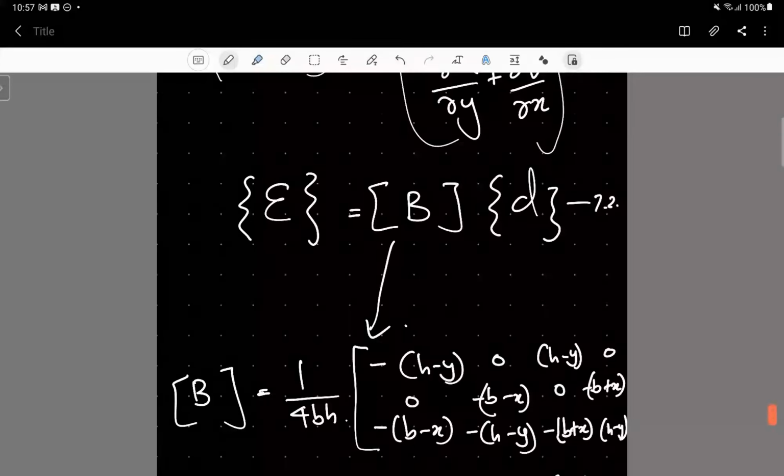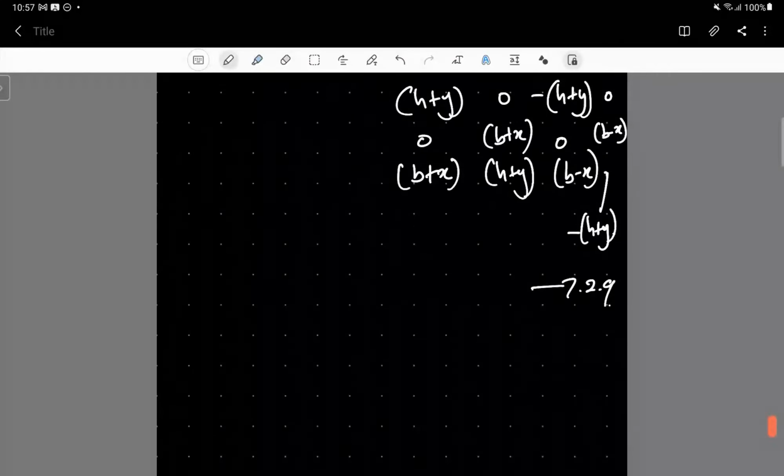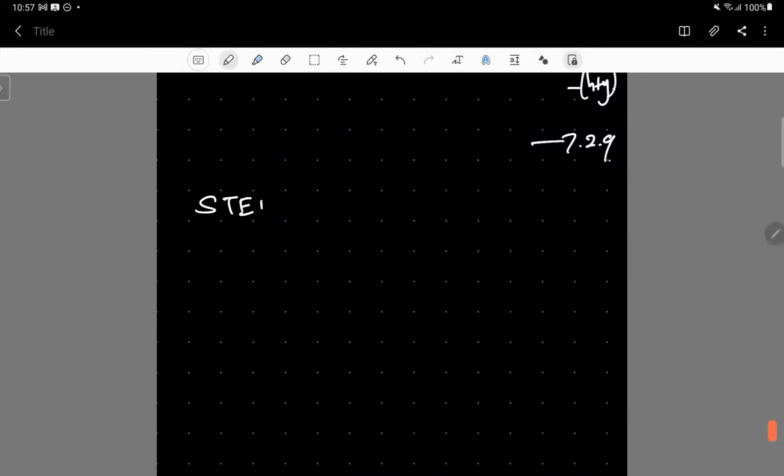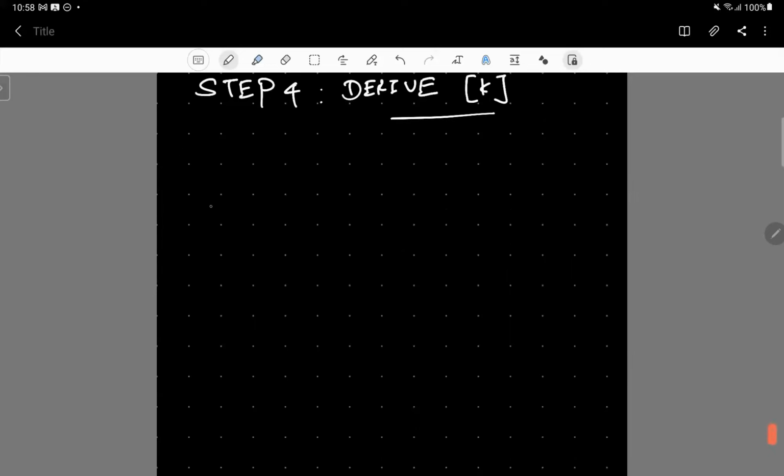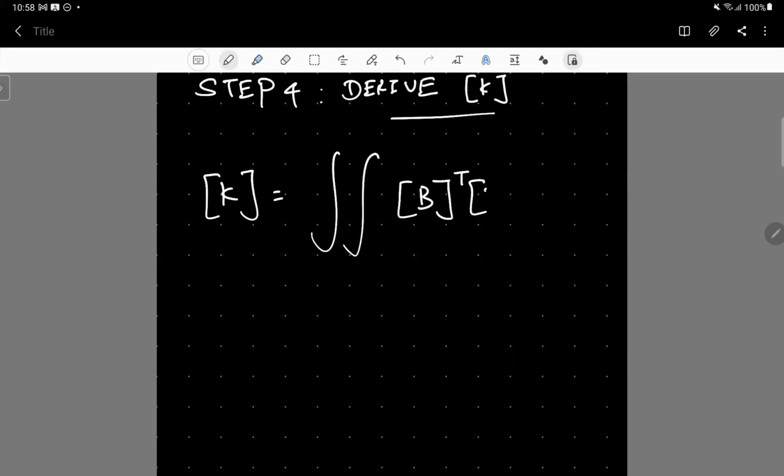Once we have this B matrix, in step 4 we can directly evaluate the stiffness matrix and equations. We derive the element stiffness matrix, K, by obtaining the double integral of the transpose of the B matrix, the constitutive matrix, and the B matrix, multiplied by the thickness of the element, with dx times dy.